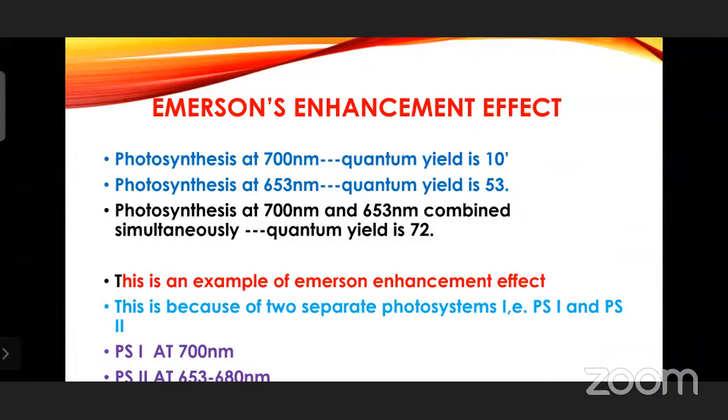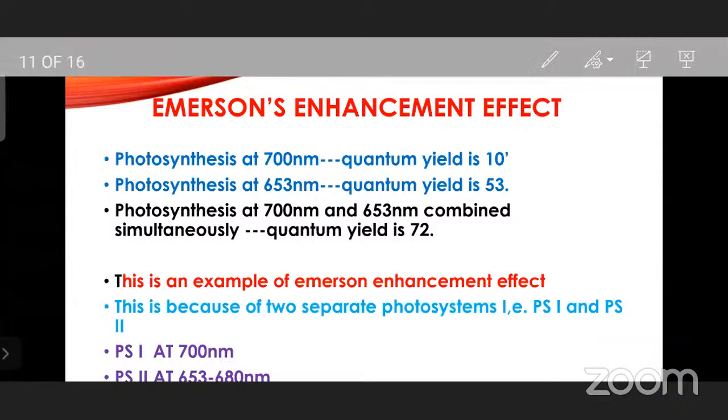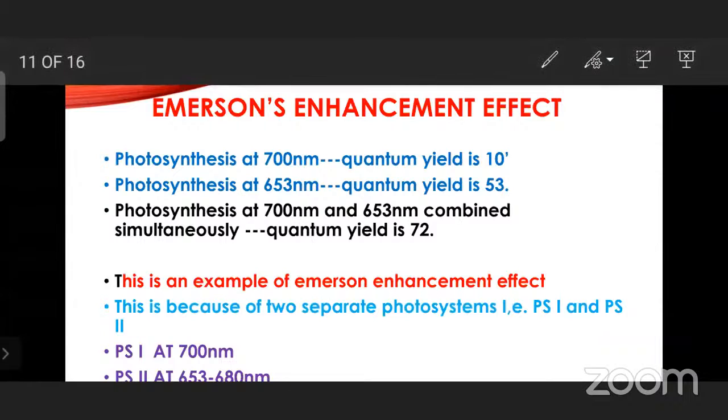With this, we can come to a conclusion. This is possible because at 700 nanometer, we have one photosystem. Photosystem means a reaction center where the harvesting of light is taking place. At 653, there is another reaction center, another photosystem. Photosystem 1 and photosystem 2 will be there.